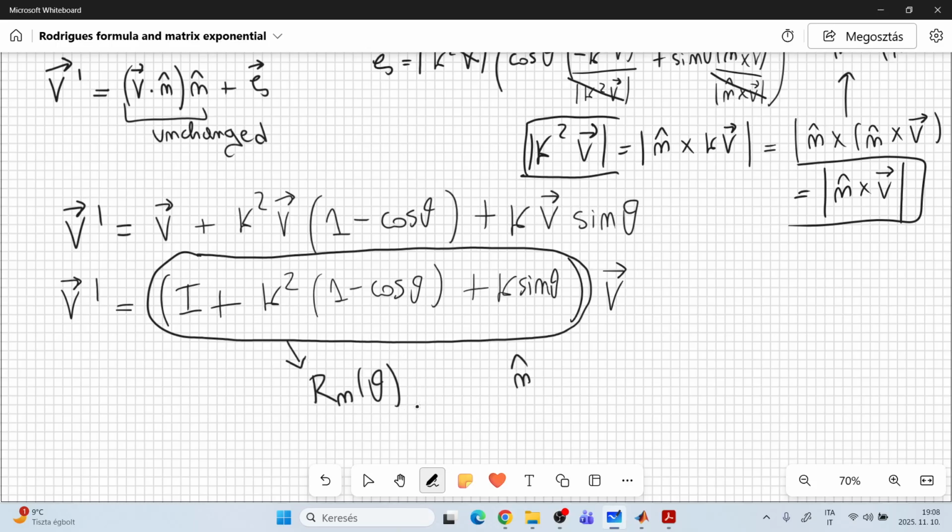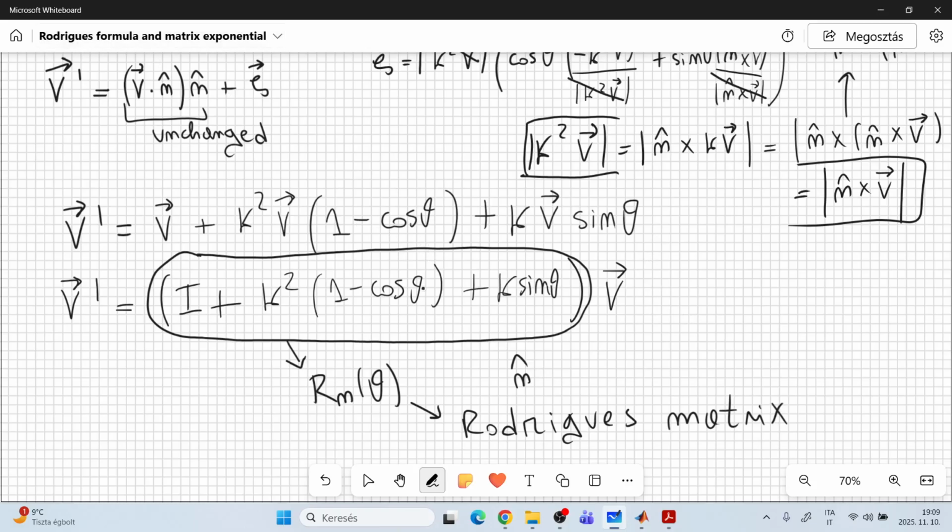And this is also called Rodrigues matrix, and this formula here is known as Rodrigues formula, which is also the title, of course, of this lecture, if you want.